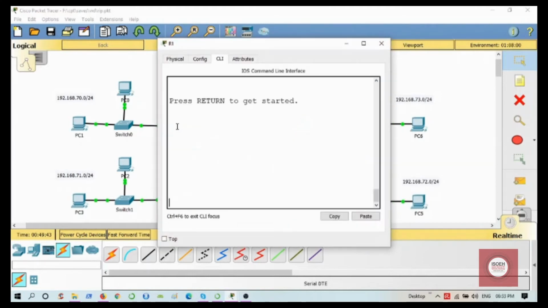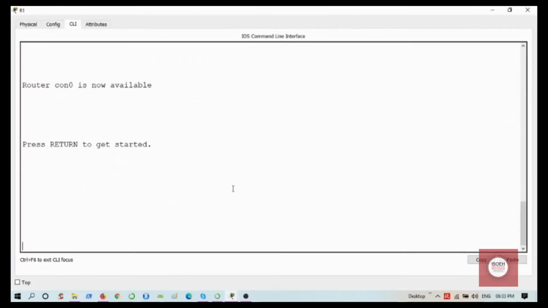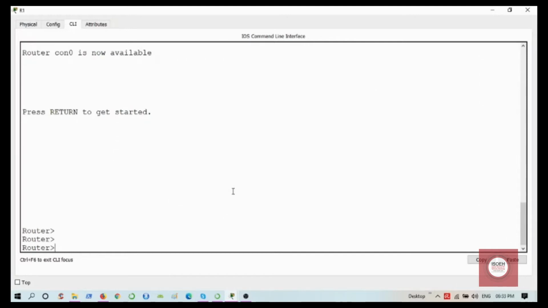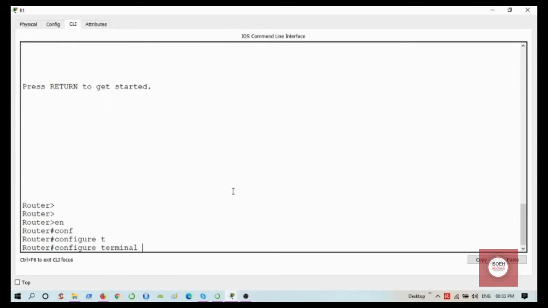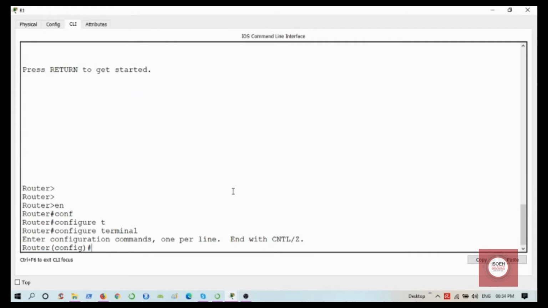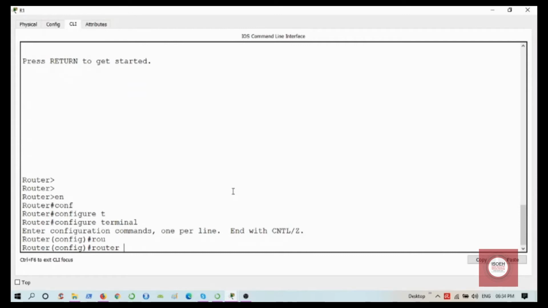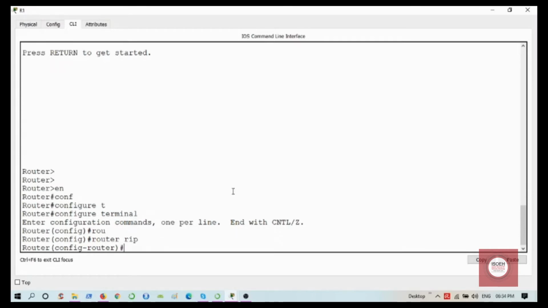Let's go to router R1. Enable to go to the privilege mode, then configure terminal to go to the config mode. Then the command is router rip, and in RIP you just need to provide the networks that are directly connected to this router.